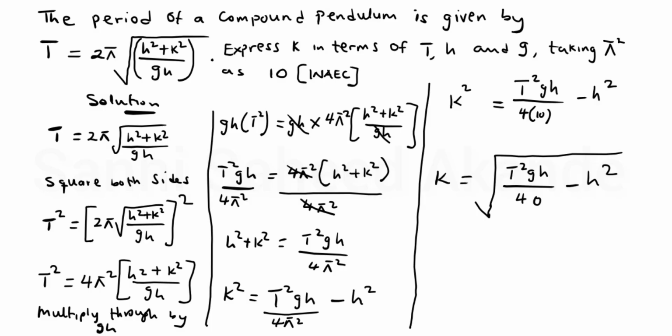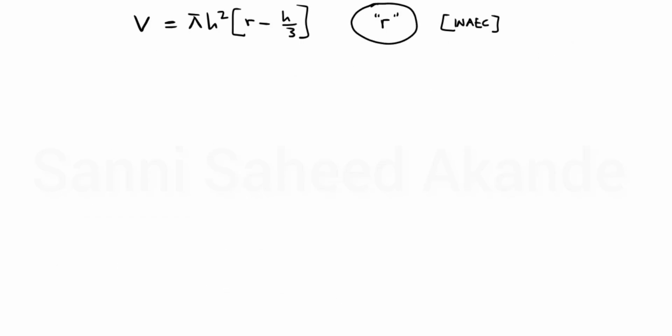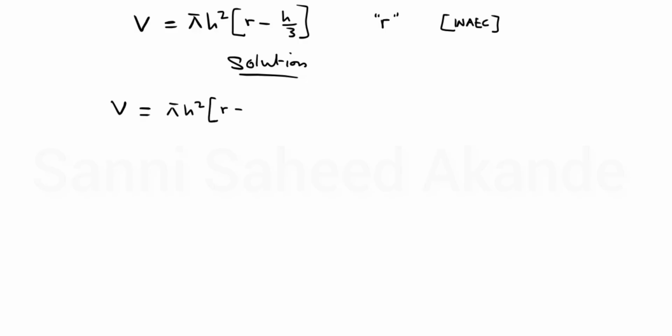Now in this question, we want to make r the subject of the formula. So that is our target solution. Since r is what we are targeting, let me write this question first. V is equal to pi h squared, then r minus h over 3. Now what we are going to do is to divide both sides by pi h squared.